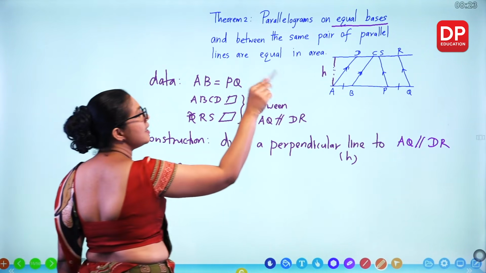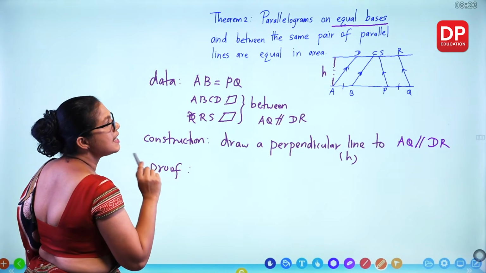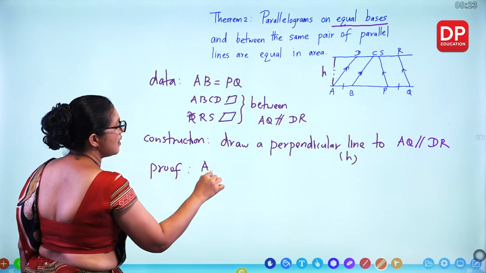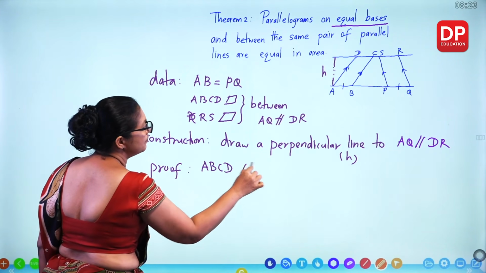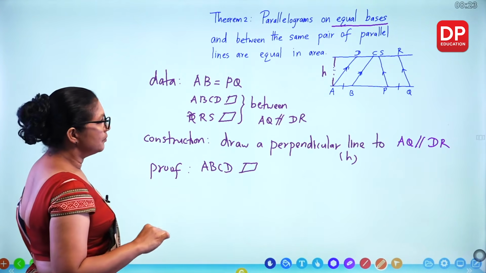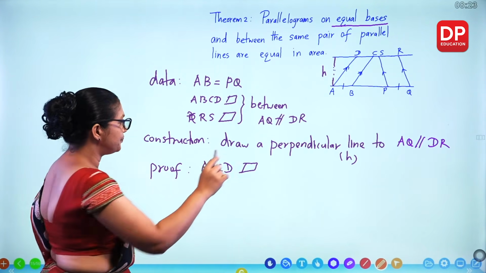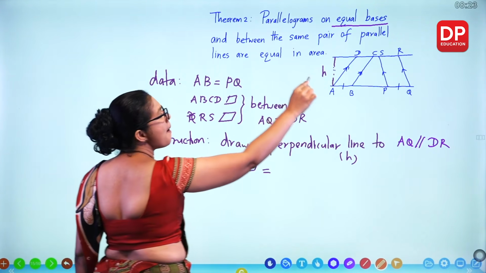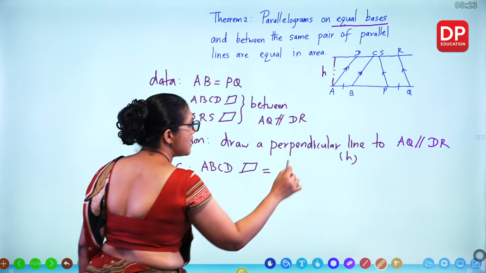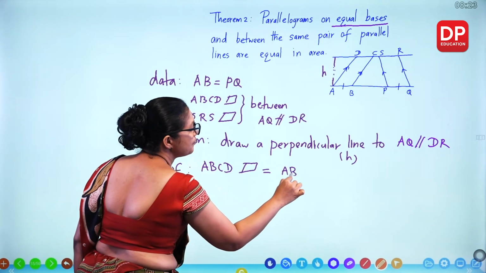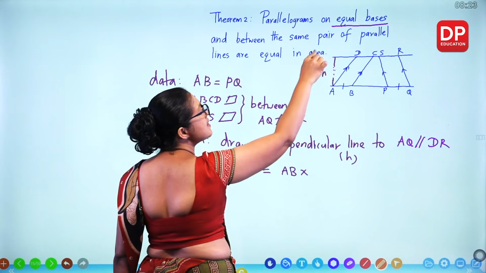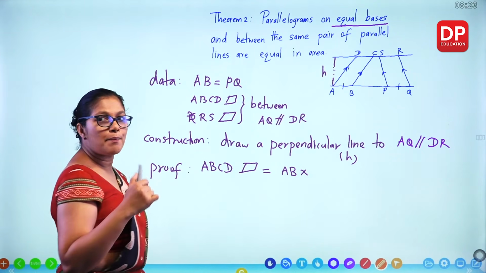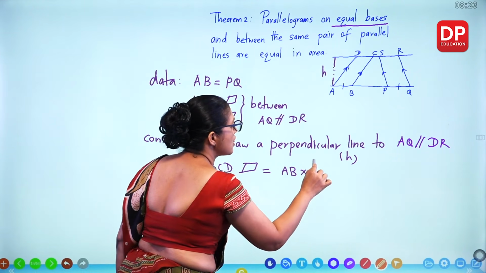We'll take ABCD parallelogram. What's the area? Area is base. If you take base as AB, then what is the perpendicular height? Perpendicular height is H here.